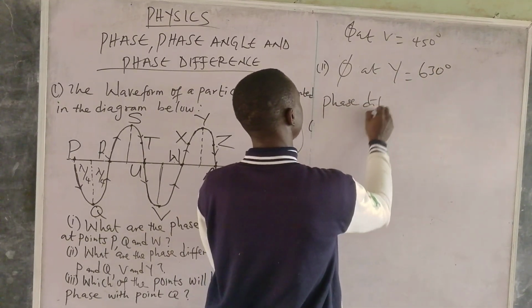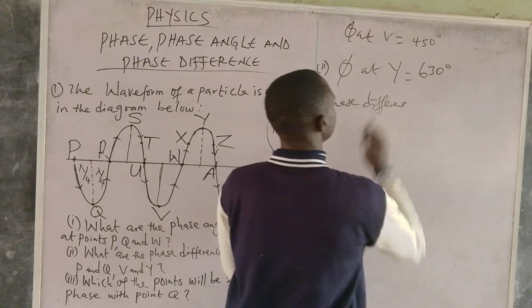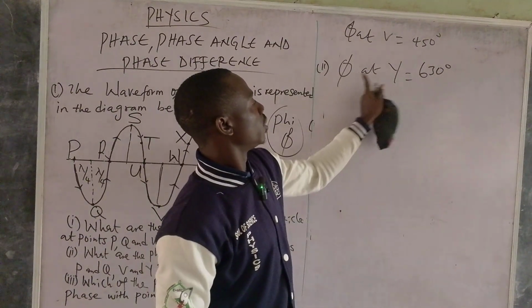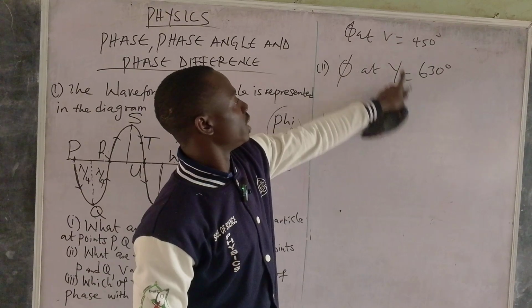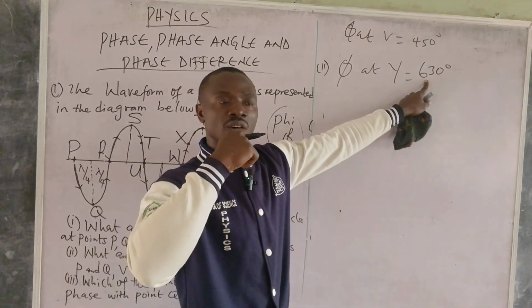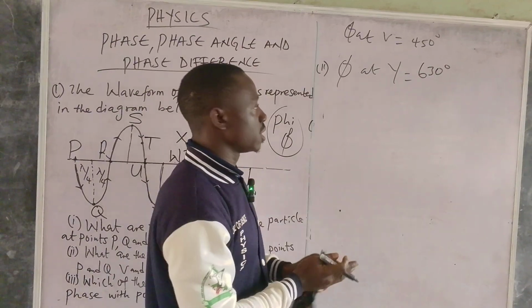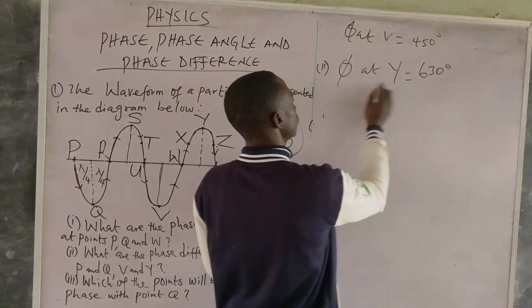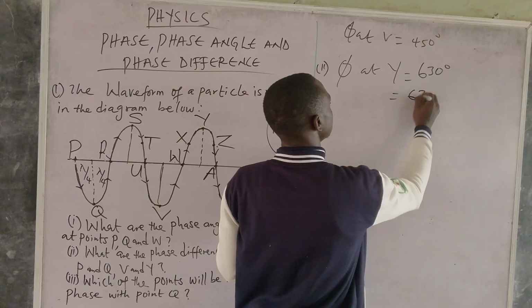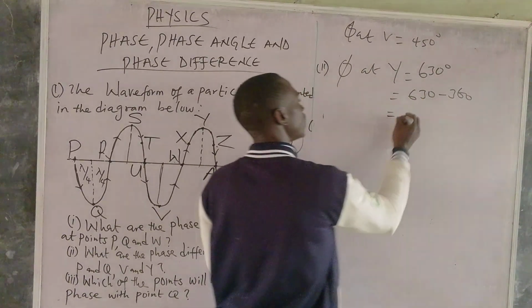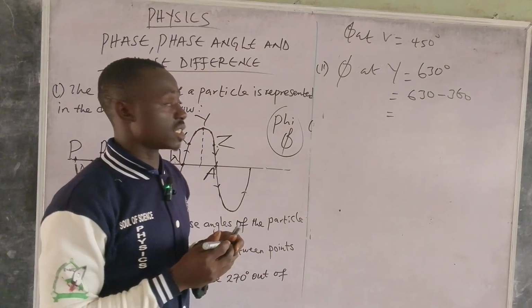But before we calculate the phase difference between V and Y, this 630 is already more than a complete cycle. What's a complete cycle? That is 360 degrees. So we are now going to do 630 minus 360. Anytime you have a phase angle more than 360, you subtract.